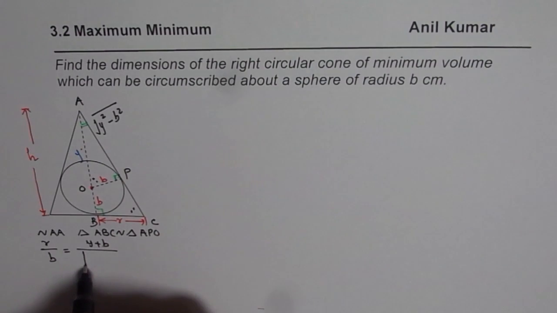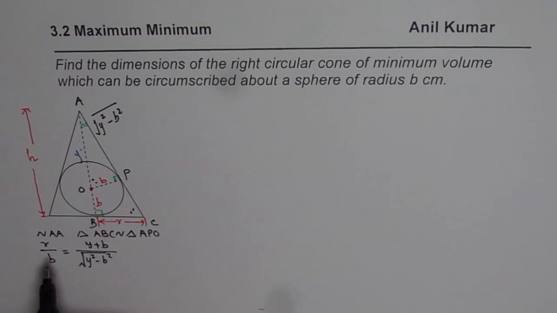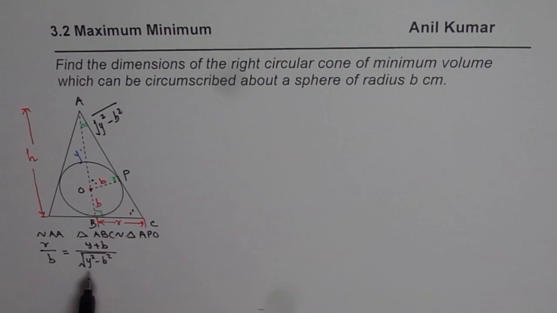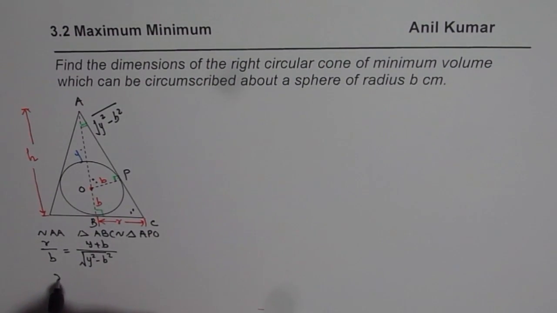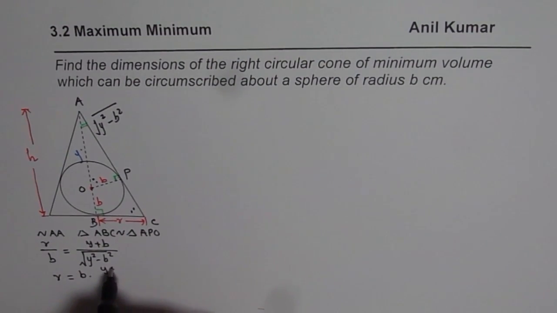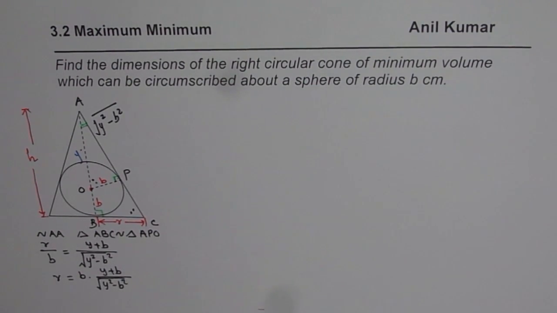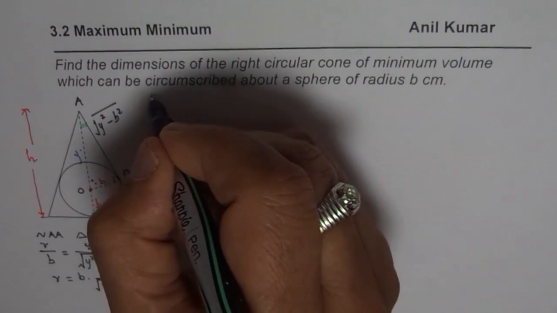So we can write this as the square root of y square minus b square. Now from here you can relate r with y, right? So we can write r equals b times y plus b divided by the square root of y square minus b square. So that is the relation, which is very important. I hope this is absolutely clear to you.